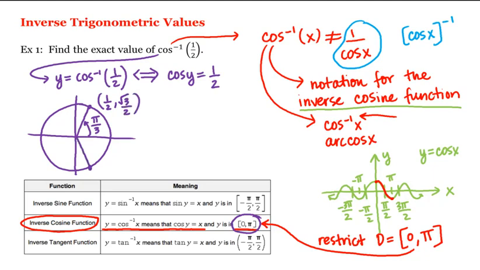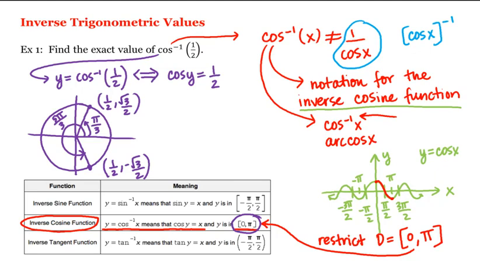But also the cosine of this angle is also equal to 1/2. And this angle is 5 pi divided by 3, because the x-coordinate of this point is also 1/2. And the cosine of any angle coterminal with either of these angles will also be equal to 1/2.